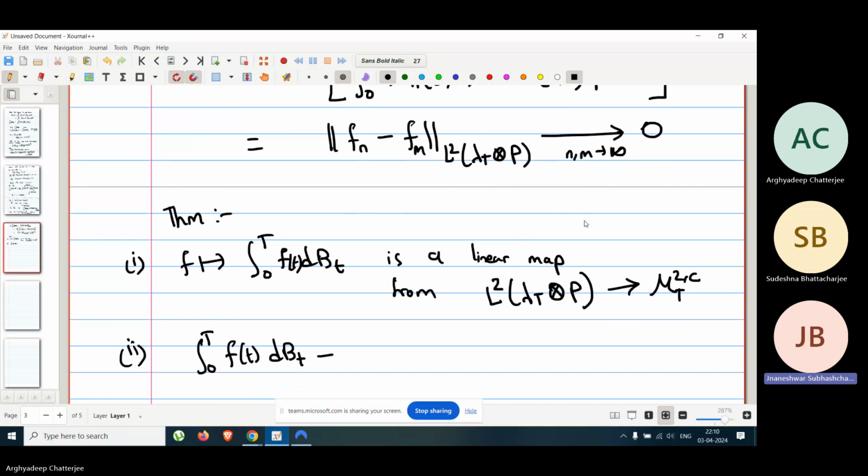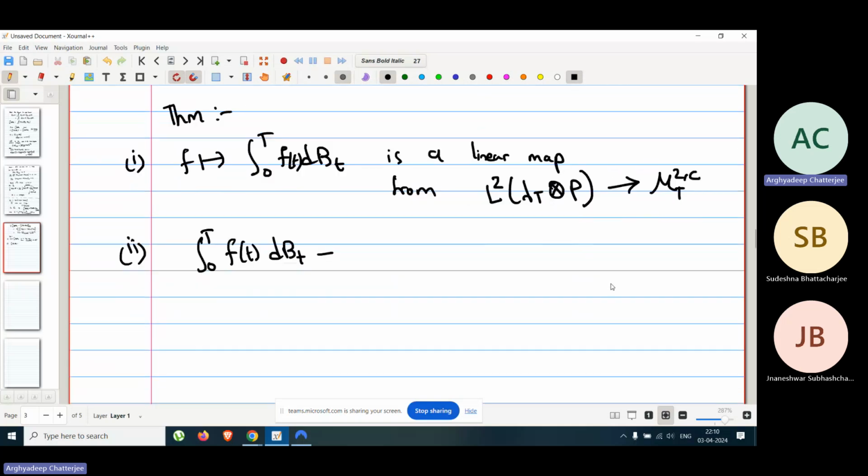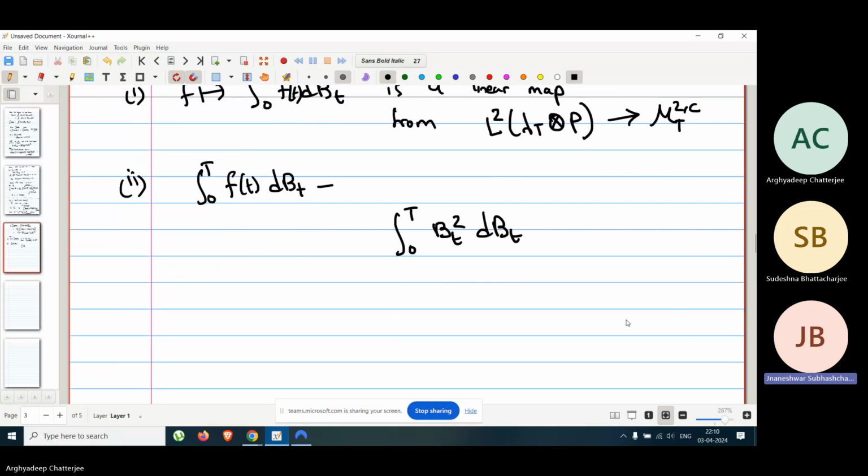For example, if I take f of t to be Bt squared, whether the integral from 0 to t of Bt squared dBt is defined depends on whether Bt squared belongs to L2 of lambda_t cross P. We can do it one by one, bringing the integral inside, and write it like Bt squared dt.